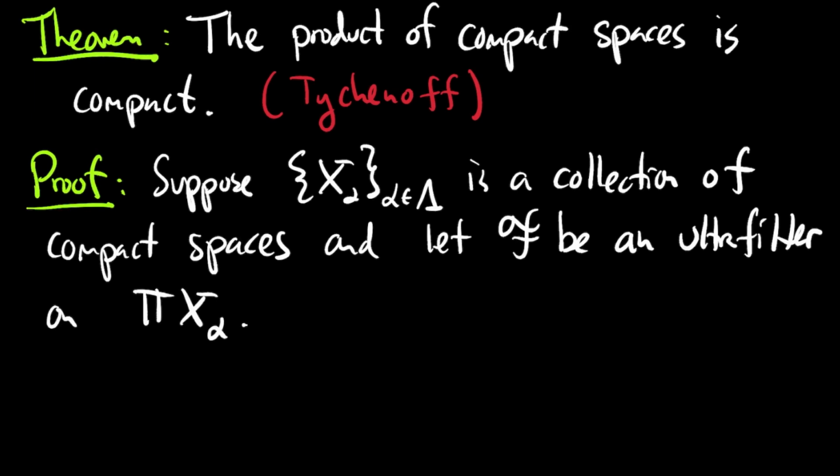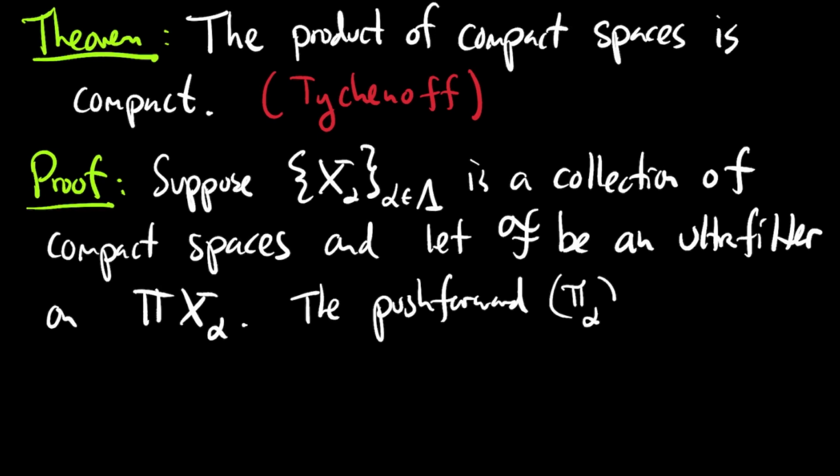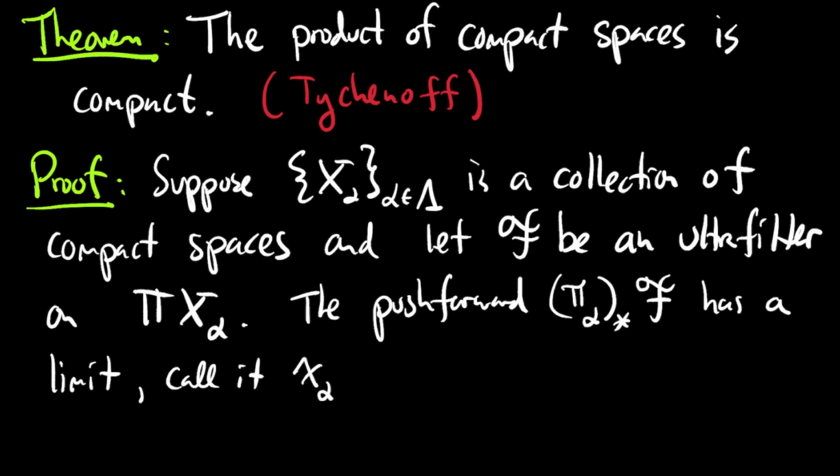And you do this by looking at the push forward of that ultrafilter to an ultrafilter in each component. And those, because those components are compact, those ultrafilters have limits. And then you can find a candidate limit for the ultrafilter in the product space. It's just the point in the product whose components are the limits of the push forward ultrafilters.